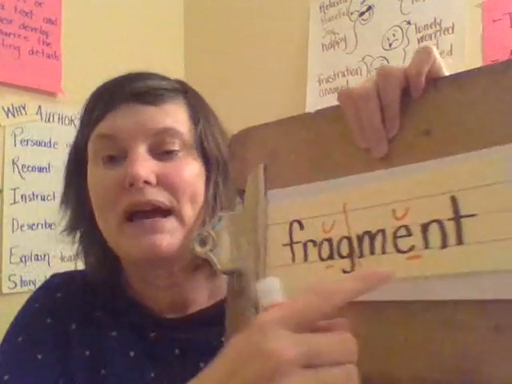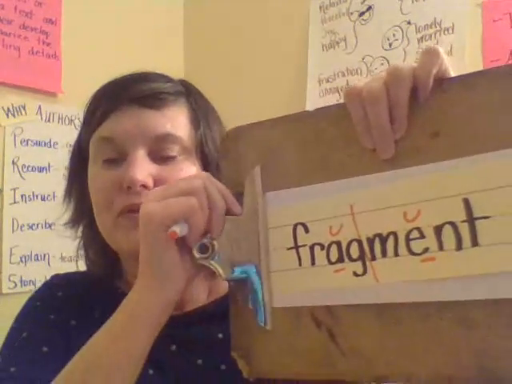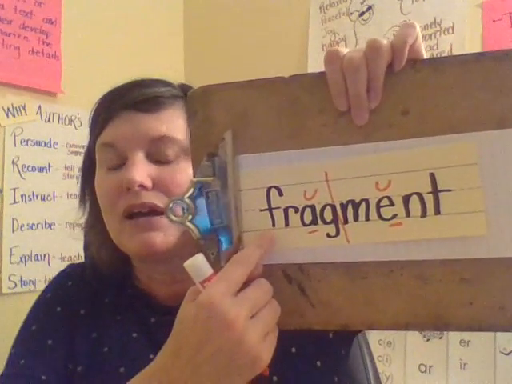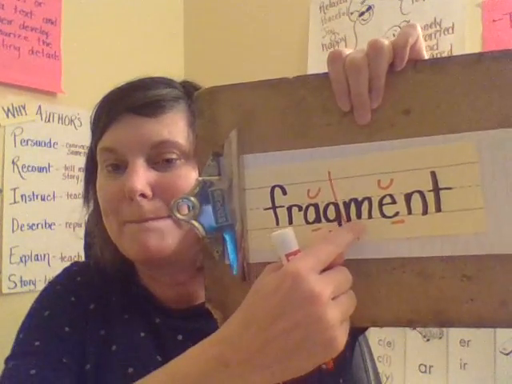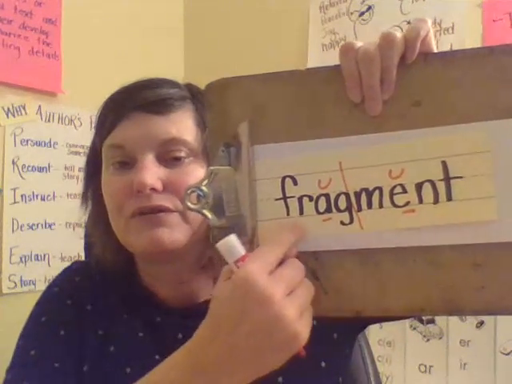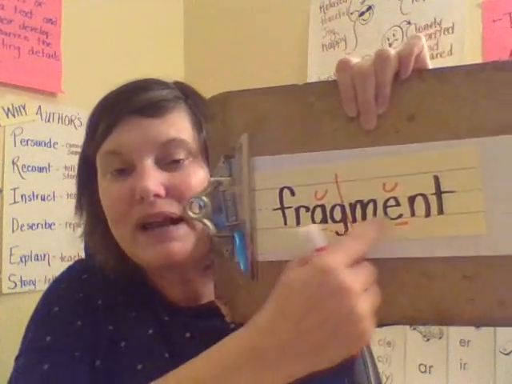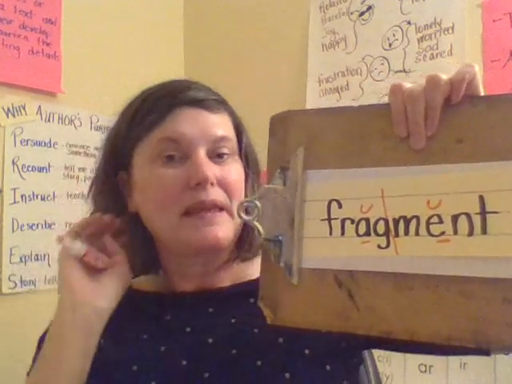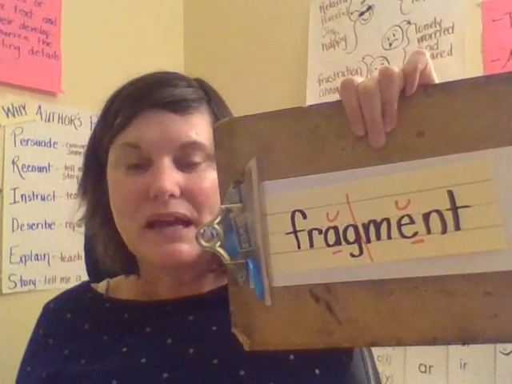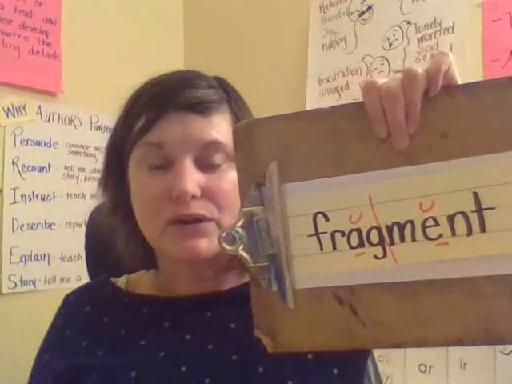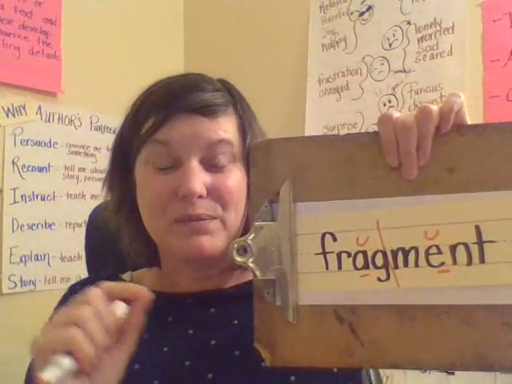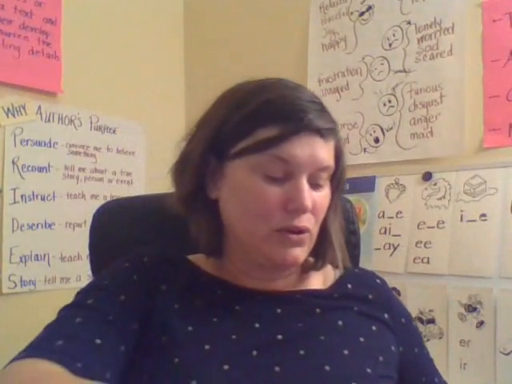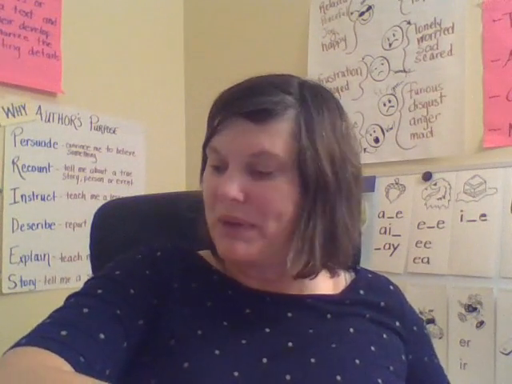So that means we have a short vowel in both syllables. Ready? Fragment, fragment. So fragment is a piece of something. If there was a fragment of glass on the ground, then that means there might be a piece of the glass on the ground. So it's just a small piece of something.